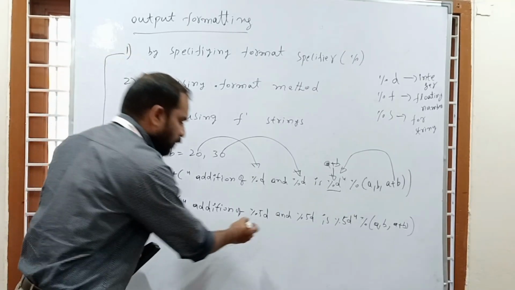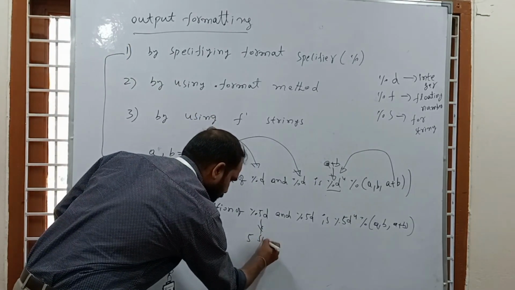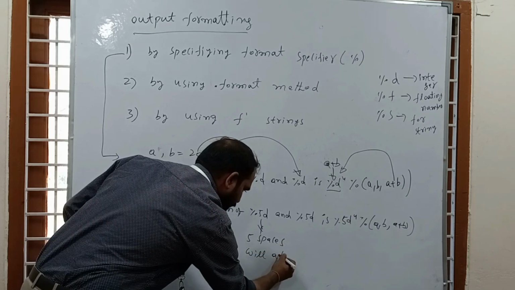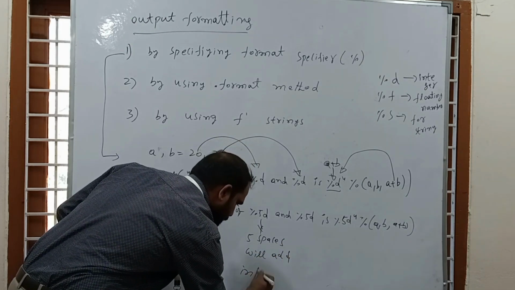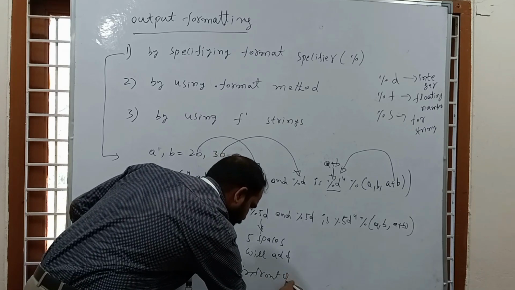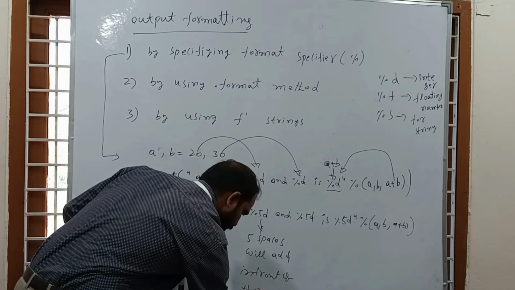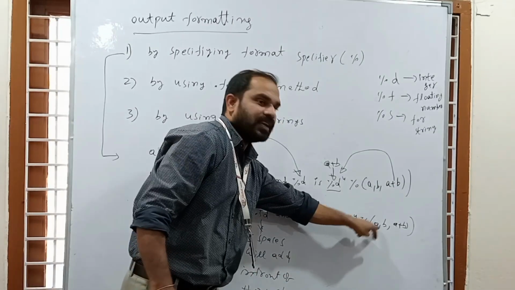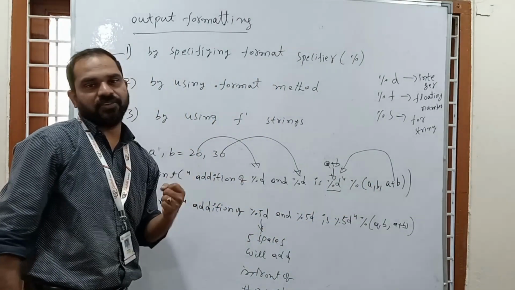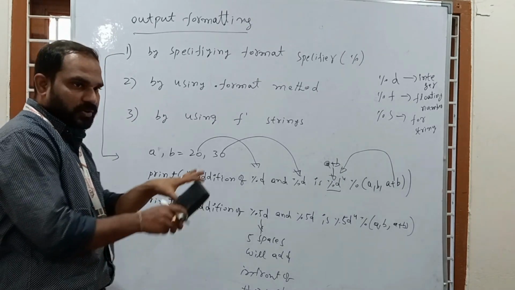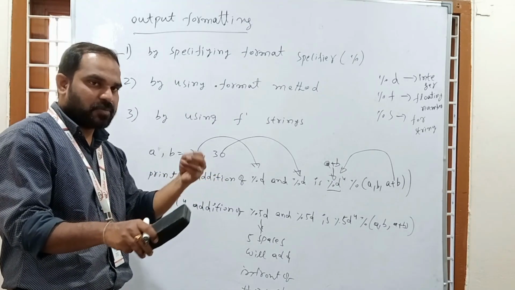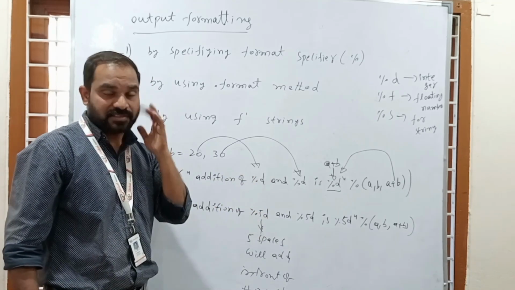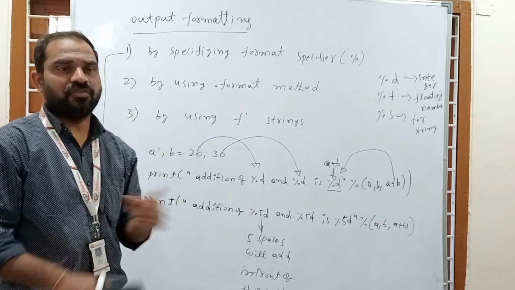It means that now 5 spaces will be added in front of the number. So we can increase the spaces and format the output depending upon the requirement of spaces you want to print in front of the values.